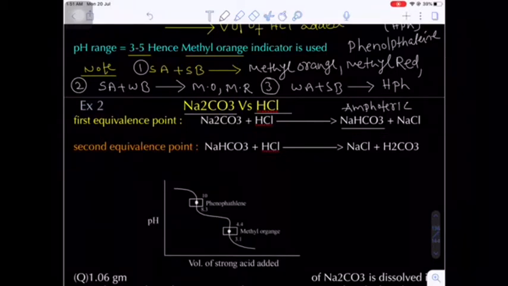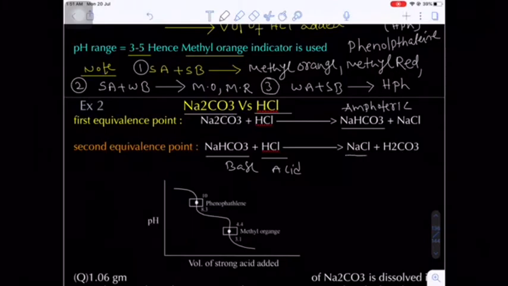Do you know sodium bicarbonate is an amphoteric species? Yes, because it contains an acidic proton, acidic hydrogen, it can lose the H+ ion or gain the H+ ion depending upon the situation. Now we are treating it with acid, which means it behaves as a base. So this is a base and hydrochloric acid is the acid.